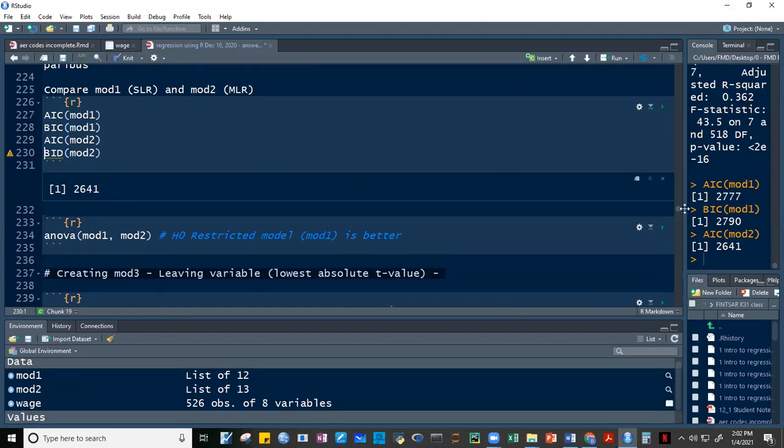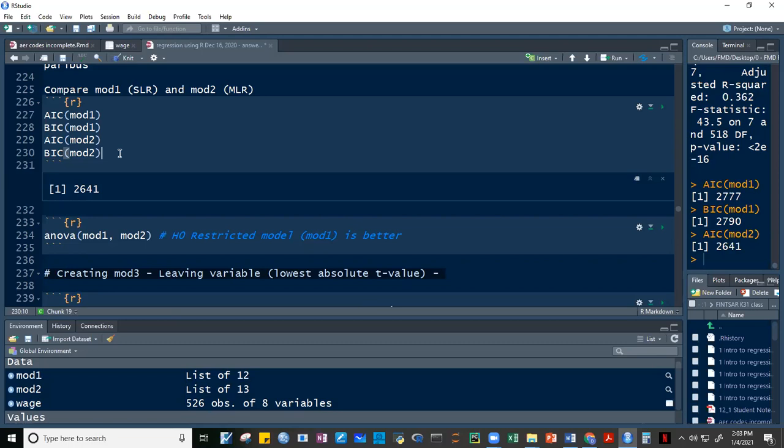Which is the better model based on AIC? It's model 2, by virtue of having the lower AIC. Sabi natin kasi ang AIC ang minimeasure ng information loss. So mas maliit yung information loss in model 2.